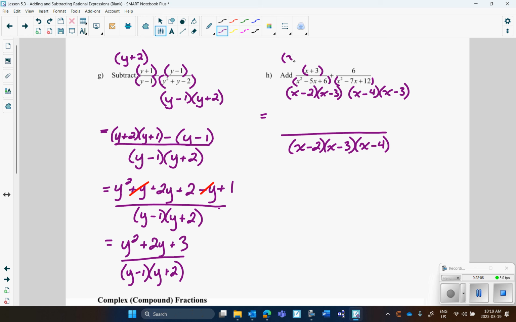First numerator has to get multiplied by x minus 4. So I've got to do x minus 4 times x plus 3. Plus, second one has to get multiplied by x minus 2. So that's going to give me up top x squared plus 3x minus 4x minus 12 when I do my 4 multiplications.